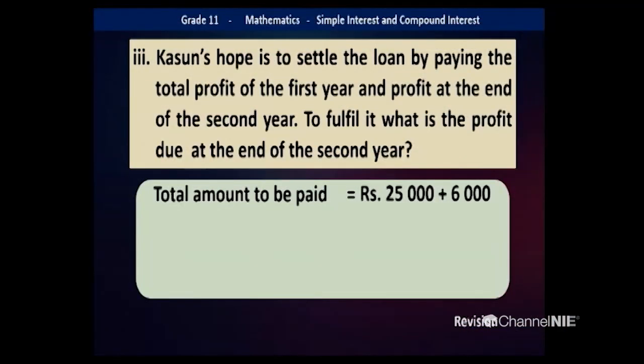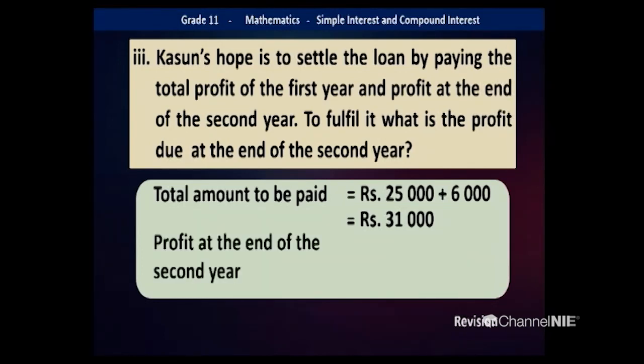He has to pay 25,000 and 6,000 for both years. 25,000 plus 6,000, the answer is 31,000. If this person pays 31,000 at the end of the year, he will be released from the loan. But what is the profit due?